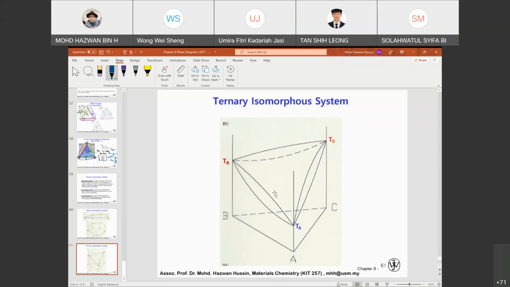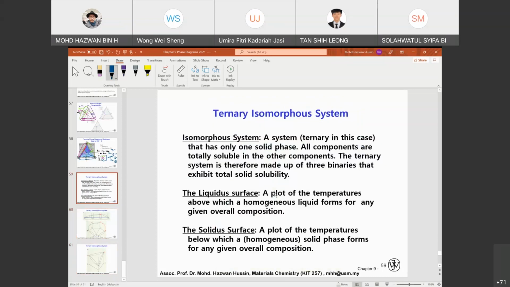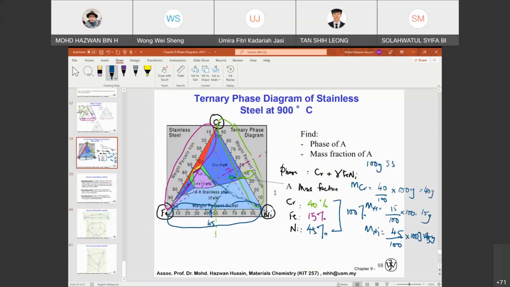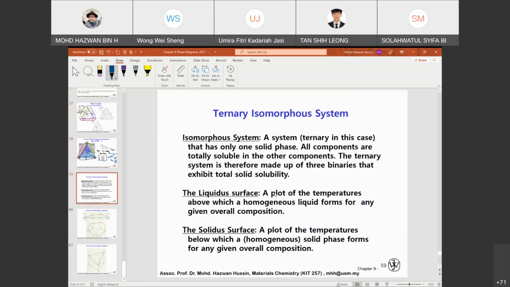For us, it's enough to understand how you can read the ternary phase diagram and the basic concepts in the ternary phase diagram. Okay, right. So I guess we've come to the end of chapter 9 for the phase diagram.